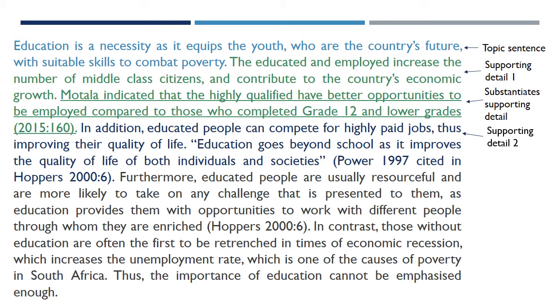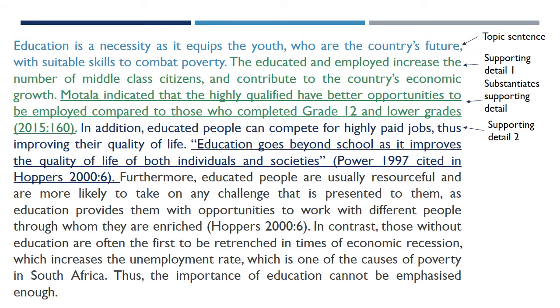So this is another reason why education is a necessity. Again, the writer substantiates the supporting detail with a quote here, and she says education goes beyond school as it improves the quality of life of both individuals and societies. And she references this quote with an in-text reference. She has read Hoppers, and Hoppers cited Power in their article.